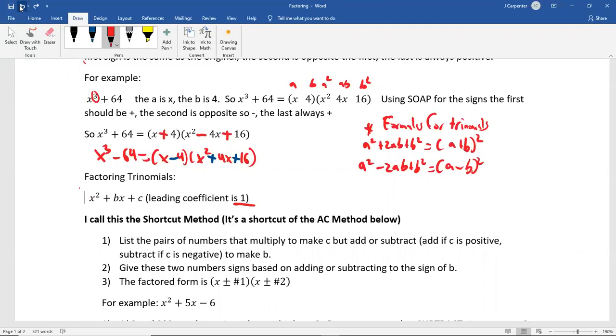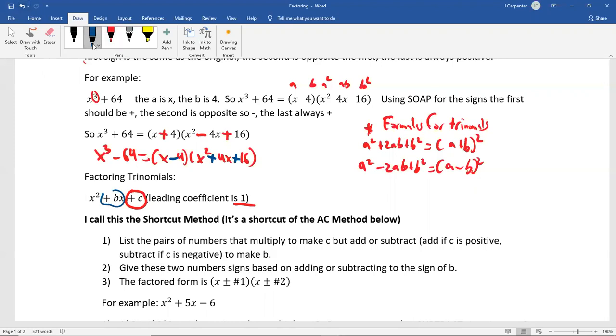When there's no number in front of the x squared, you can use a shortcut approach. So you're taking this number along with its sign at the end. This will be a constant. And that's what we're doing in step 1. We're writing all pairs of numbers that multiply to make that. And you're going to try and find a pair that adds or subtracts to make the middle number.